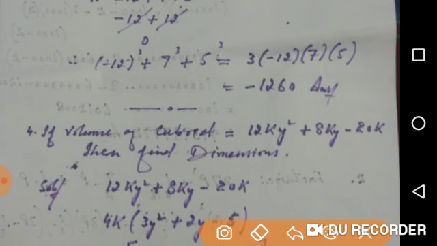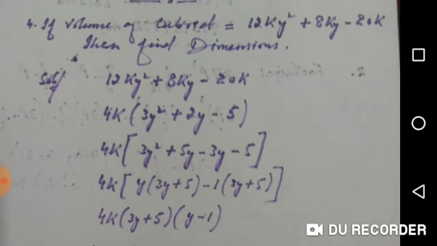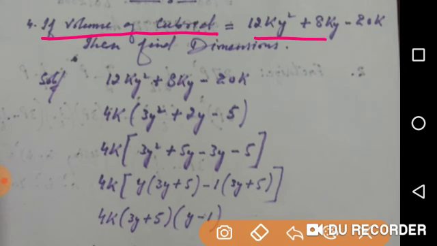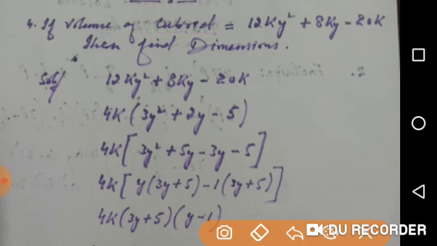Then another question is being given here. It is, if the volume of a cuboid is given as 12ky square plus 8ky minus 20k, then find the dimensions of the cuboid. Okay, you know cuboid is a three-dimensional figure, so we need to find length, breadth and height here.